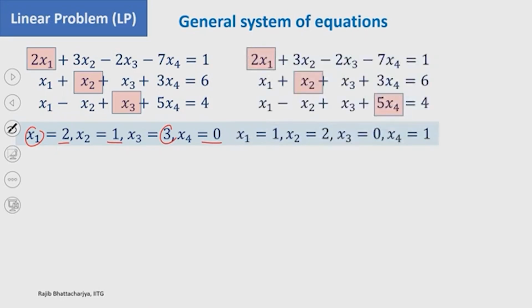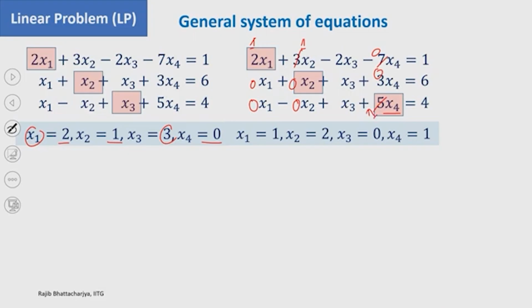Now, if I consider that x1, x2 and x4 are basic variables and x3 as a non-basic variable, I can do the row operation. Finally, the coefficient of x1 I can make 1 and for the others it is 0. Similarly, here it will be 1 and for the others it will be 0, and here this will be 0, 0, and the coefficient here is 1.